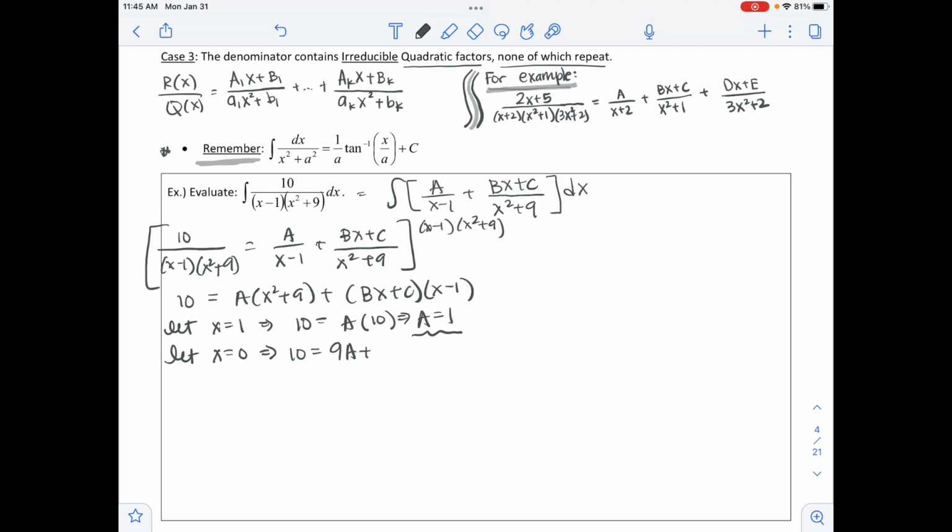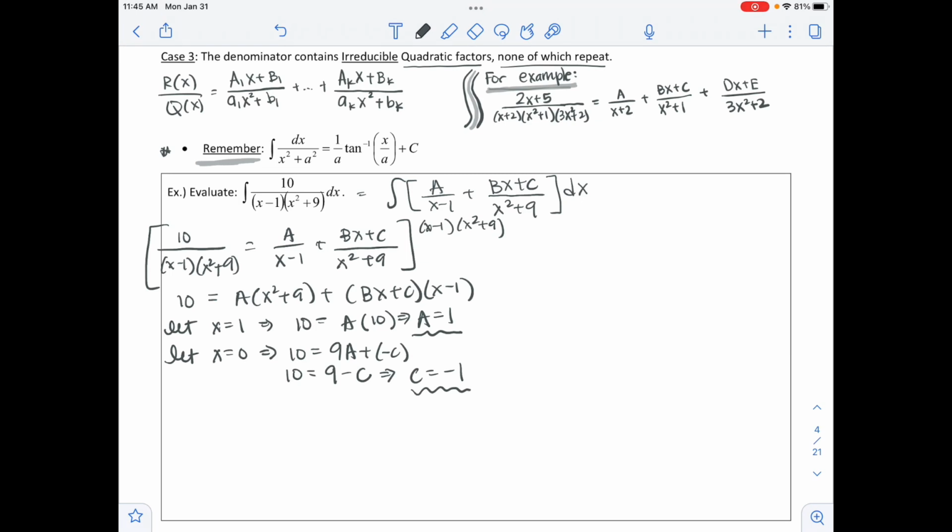So I would just end up with c times, and then 0 minus 1 would be negative 1. So I'm going to go ahead and just say plus, we'll say negative c. And we know a is equal to 1, so I get 10 is equal to 9 minus c. And so solving this, we would get c is equal to negative 1.